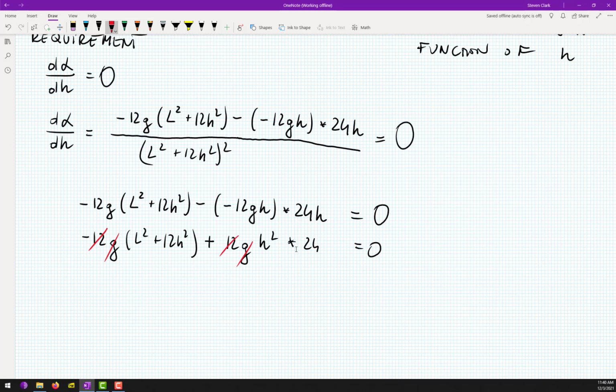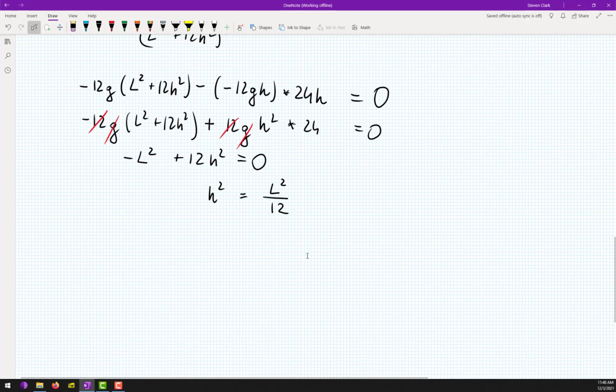This g even. And we will actually end up with such expression, minus l squared plus 12h squared is equal to 0. Great. So that means that our h squared is equal to l squared divided by 12. Take square root of both sides, and you will end up with h equal either to l divided by square root of 12, or h can also be equal to negative of that.